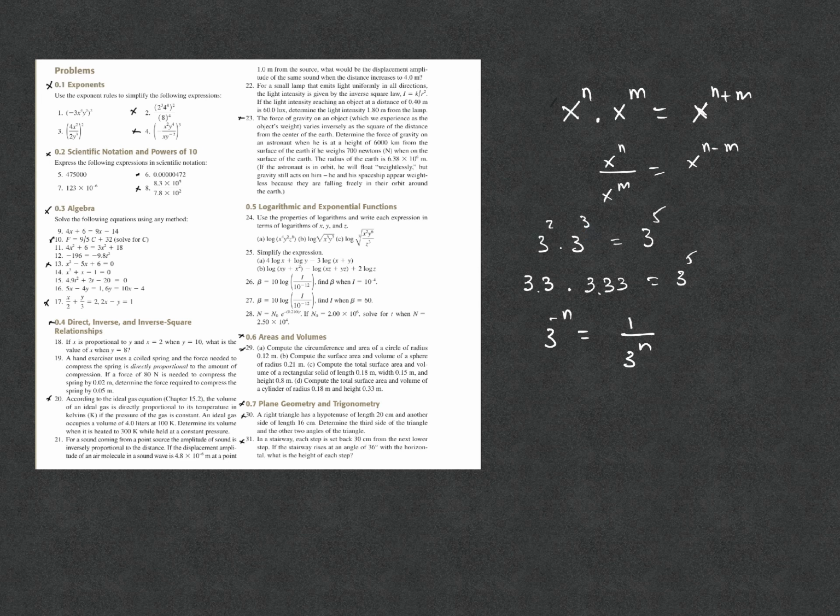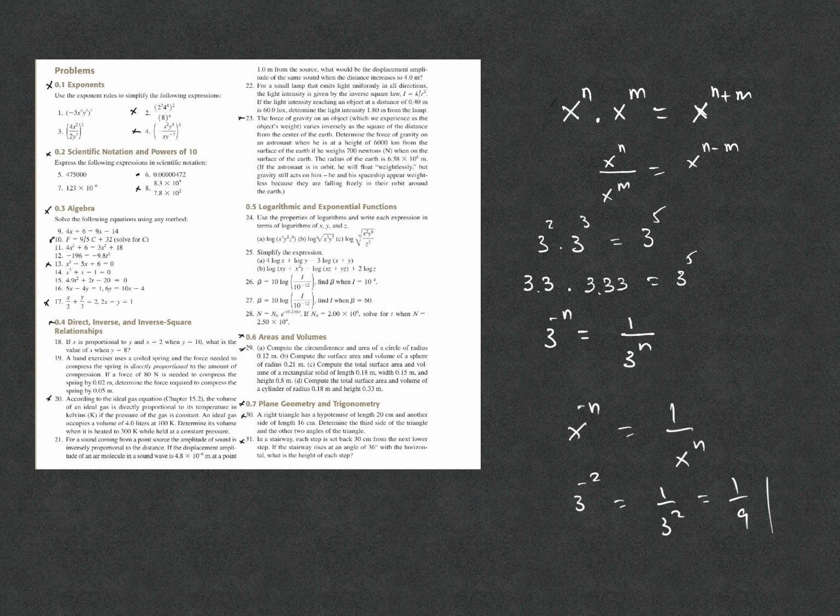So this is equivalent to 3 five times, 3 raised to the 5. The other thing you need to know is that x to the minus n is equivalent to 1 divided by x to the n. So 3 to the minus 2 is 1 divided by 3 raised to the 2, which equals 1/9.